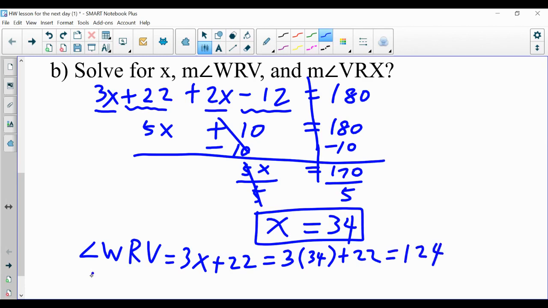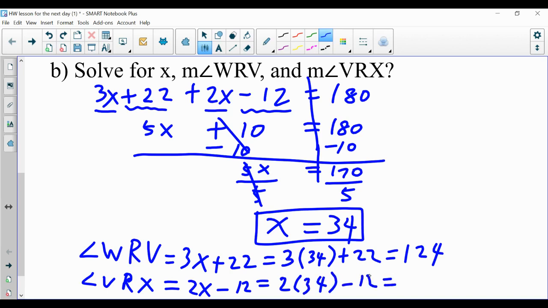And the next one, we have angle VRX, which is equal to 2x minus 12. And once again, we just substitute x equal to 34 inside this expression, 2x minus 12, which is going to be 2 times 34 minus 12. You can check it for me, see if I got it correct. And I got 56. Okay, so let's go back. Are we finished?